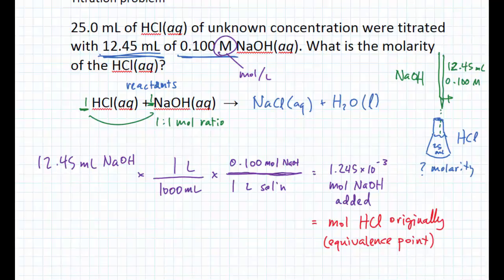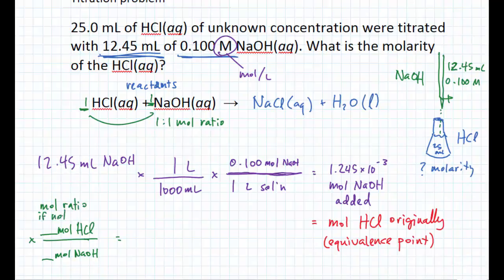If it's a 1-to-1 mole ratio, you can just say that's equal. If it happens to not be a 1-to-1 mole ratio, you could have set up a mole ratio, something like that.